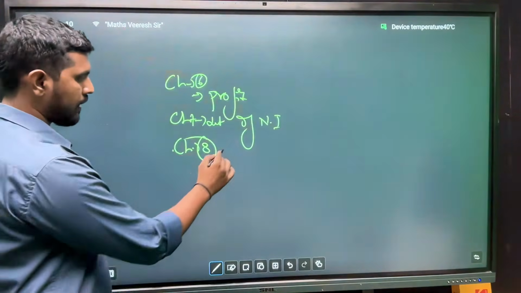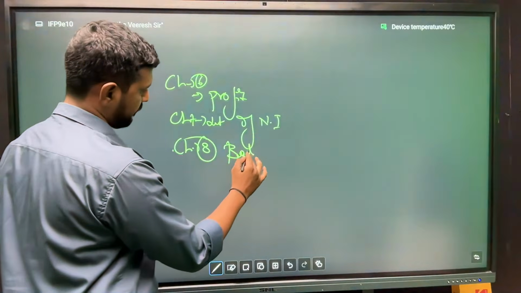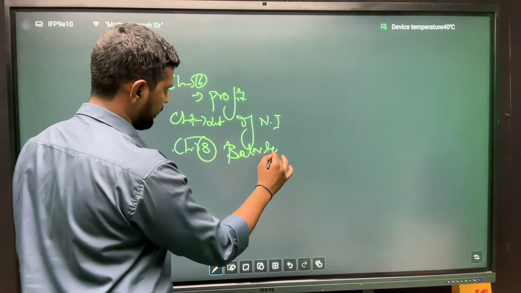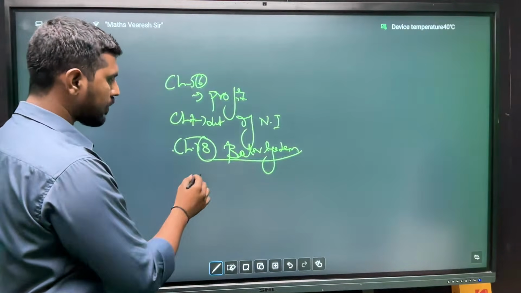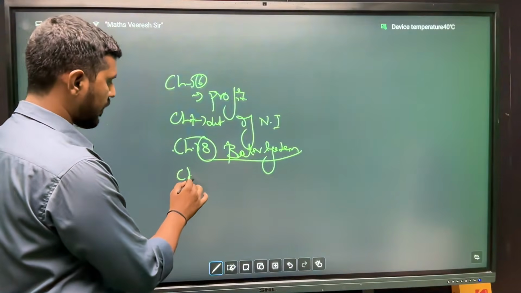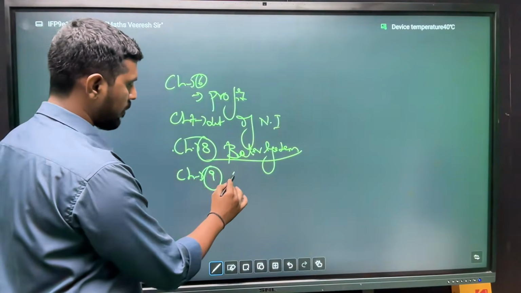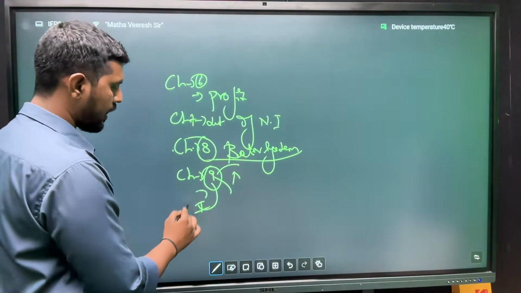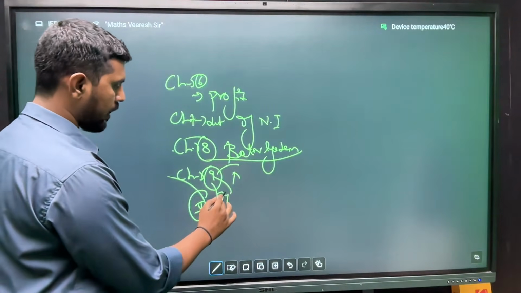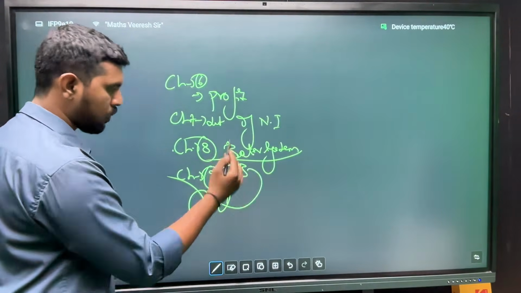You have the barter system. Chapter 9, go with money. You have 3 parts, part A, part B, part C. Inflation has already been given. Money and banking, go with these 2 topics.